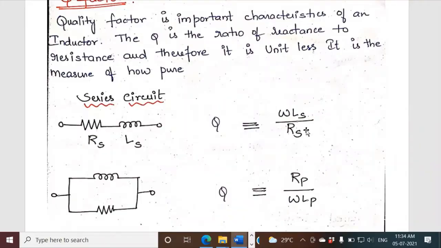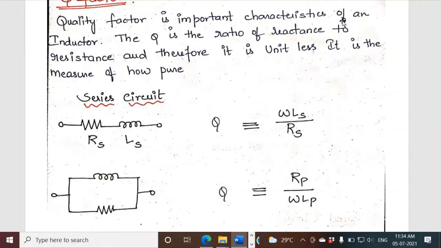However, when we consider two impedances in parallel, 1 by Z equivalent is equal to 1 by Z1 plus 1 by Z2. So we are taking reciprocals.